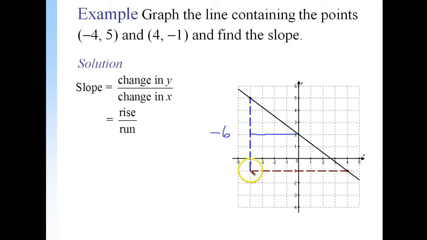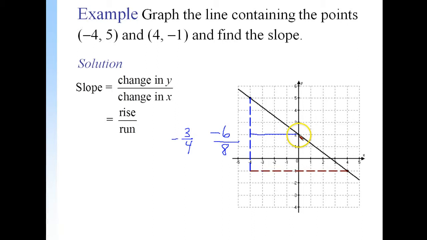Apologize for that. Okay, let's do our run. Now we're starting here, and we're going in a positive direction. So 1, 2, 3, 4, 5, 6, 7, 8. So our rise of negative 6 over a run of positive 8. Well, can you see that's a negative 3/4.